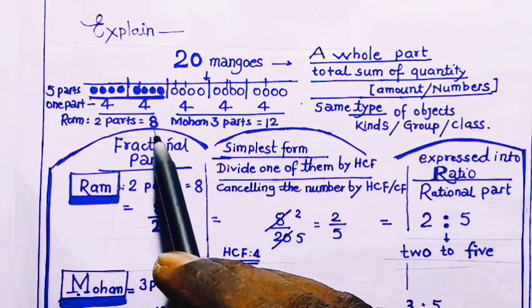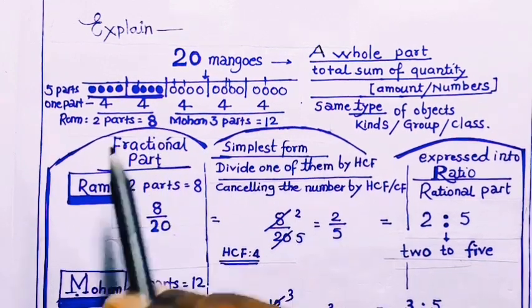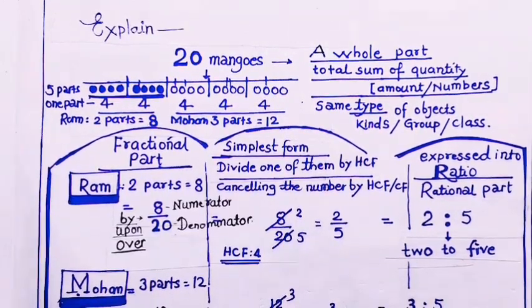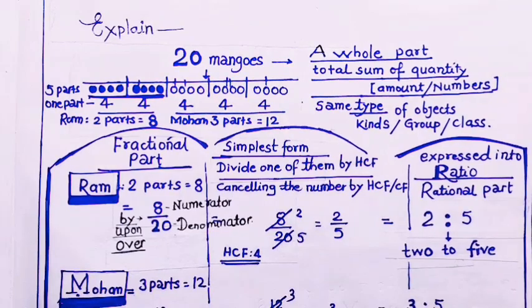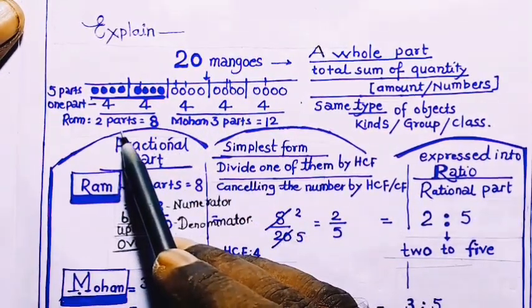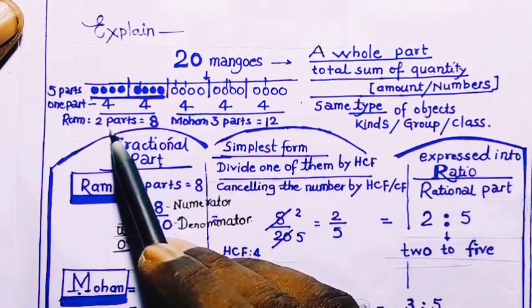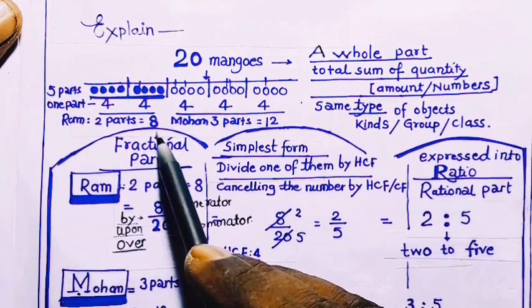This is the total number of the mangoes. From a whole part of 20 mangoes, if Ram takes 2 parts, then he will have 8 mangoes.